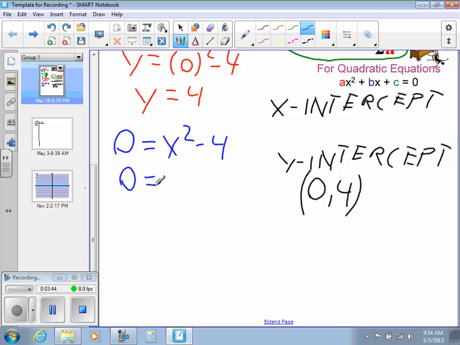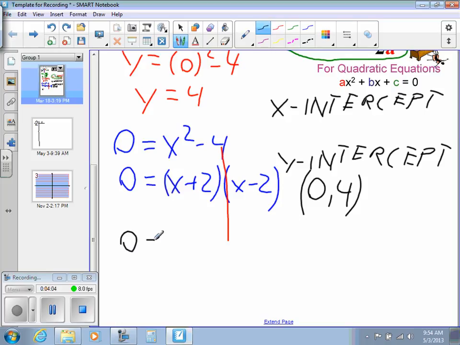I'm going to use the pattern, and it factors as 0 equals x plus 2 times x minus 2. We can now take this equation and break it in half into 2 equations to be able to solve. One of those is 0 equals x plus 2, and the other one is 0 equals x minus 2.